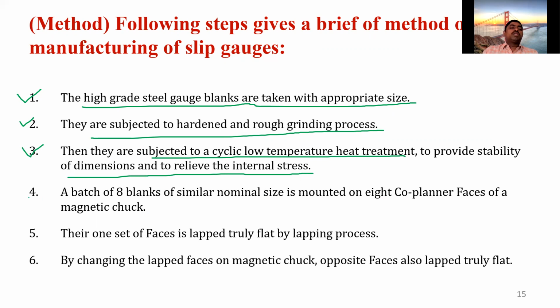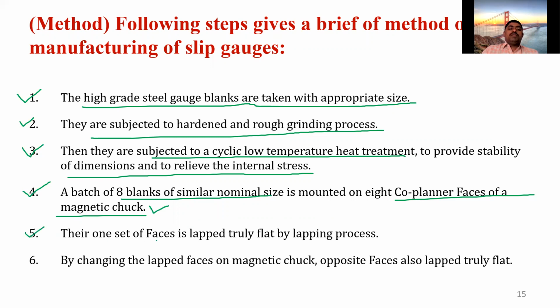So after relieving the internal stresses, you have to take 8 blanks of similar nominal size that are mounted on the 8 coplanar faces of a magnetic chuck. Here the magnetic chucks are used to machine very thin workpieces.